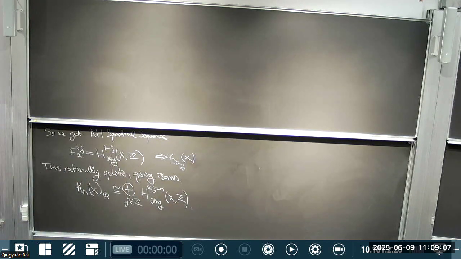And maybe at some point we can discuss the proof of this later, if I want to say something about analogous machinery in the algebraic case.